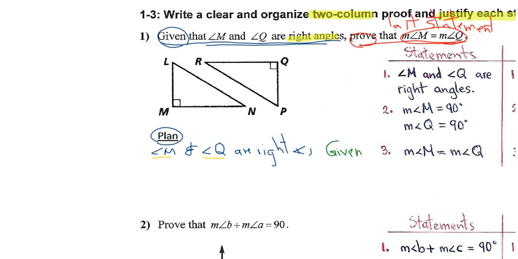We know that the measure of angle M is equal to 90 degrees, and the measure of angle Q is also equal to 90 degrees. And why do we say that? It's because we're using the definition of right angles.